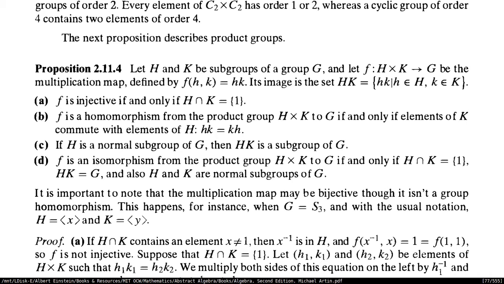So if you assume that H and K only have the identity in common, then we have two ordered pairs from the product, and H1 K1 is equal to H2 K2, so the products are equal. Then we multiply both sides by the inverse of H1 and the inverse of K2.